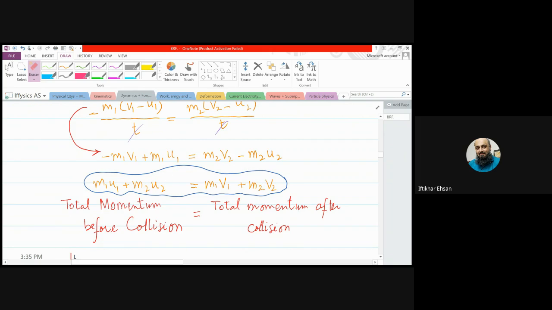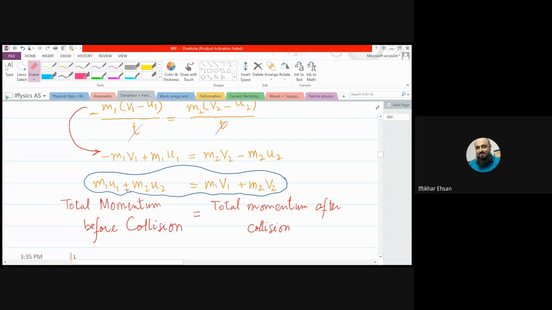Now, just give it another minute. What does that mean actually? Beta, mass multiplied by velocity gives you momentum. So m1 multiplied by initial velocity gives you momentum before colliding. And m2 was moving with speed u2 before colliding. So this is the momentum of the first object before colliding, and this is the momentum of the second mass before colliding.